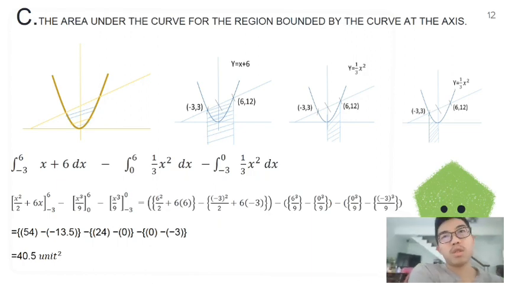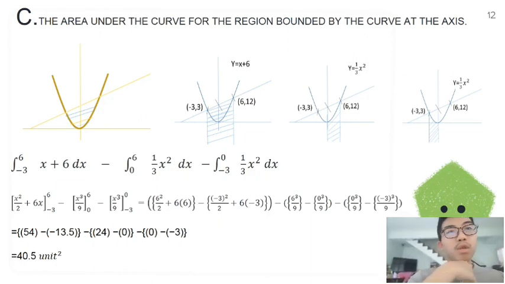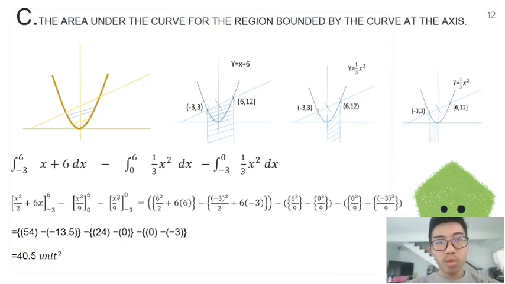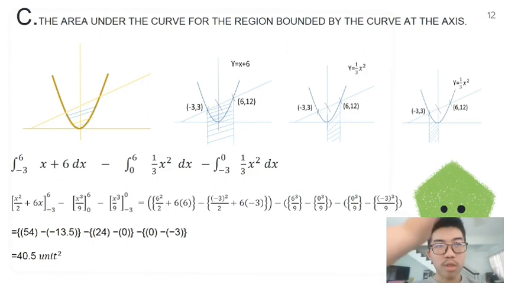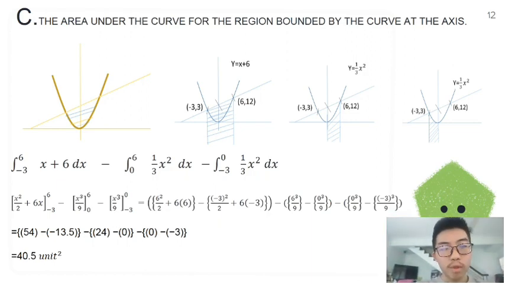So we get the answer in part A is 54 minus -13.5, and then we minus part B, 24 minus 0, and minus part C, so minus 0 and then minus -3. So we get the last answer, 40.5 unit power of 2 as the area.